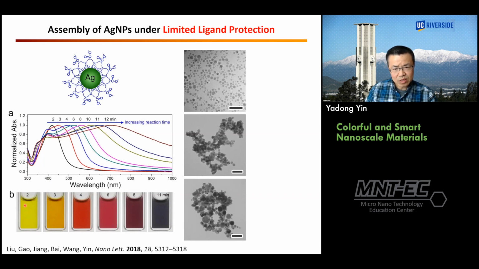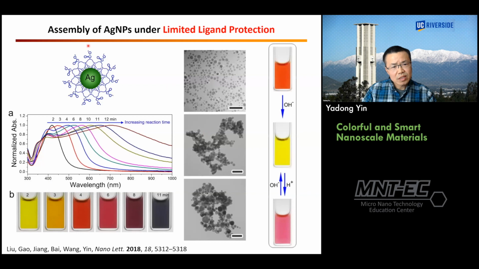For example, in this case, initially, if they don't aggregate, you have this bright yellow color. And then when you start to see the aggregation, the color becomes orange and red and eventually blue. Okay, so that's a simple experiment that really demonstrates the so-called plasmonic coupling property.